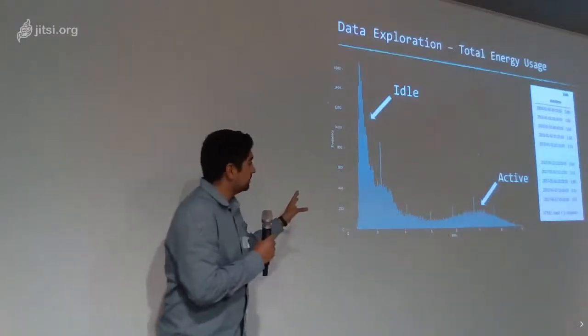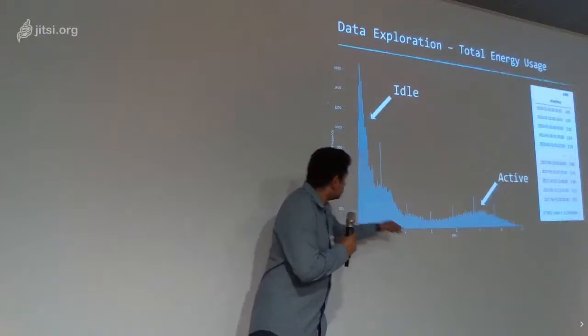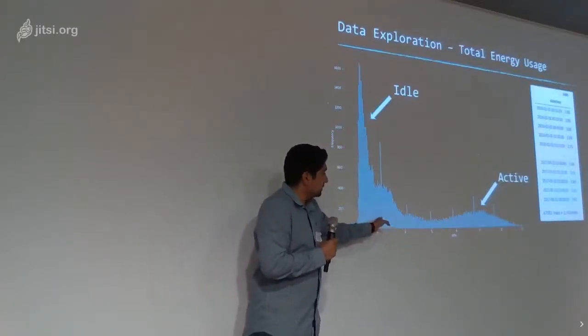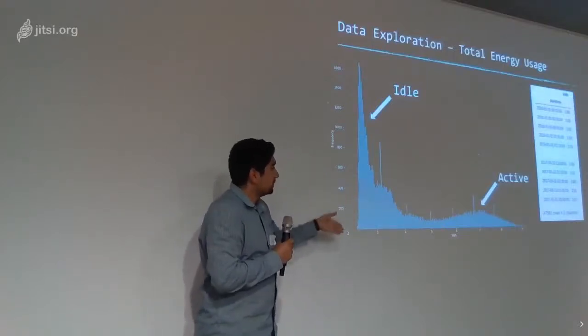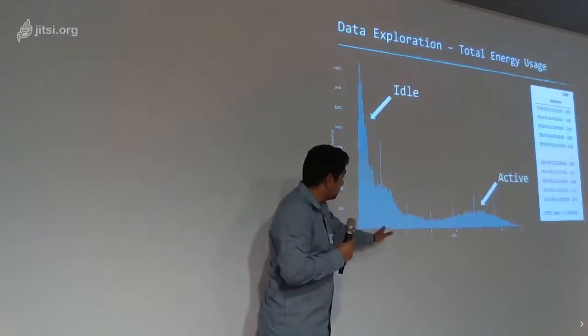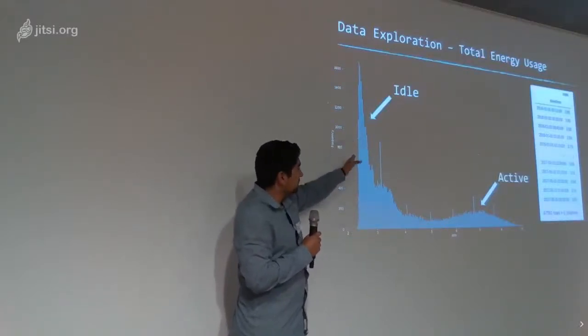And this graph shows basically the kilowatt hours and the frequency that each individual kilowatt hour value was repeated. So here we can see that low usage is the most common usage.